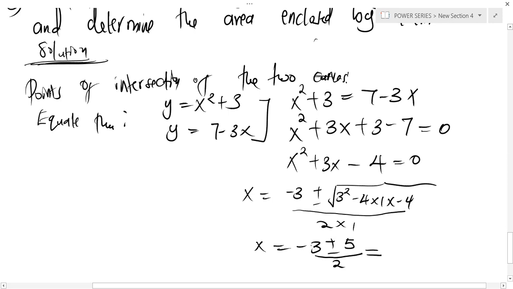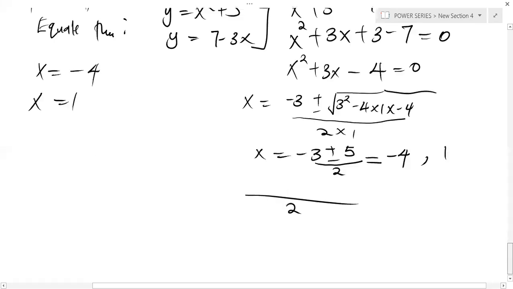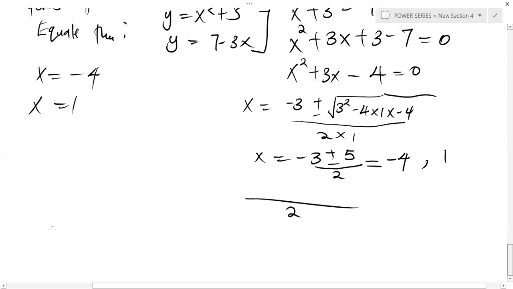So x is equal to minus 3 minus 5 will give us minus 8 divided by 2, minus 4. Or x is equal to minus 3 plus 5, that will give us 2 divided by 2, that will give us 1. So the points of intersection are at x is equal to minus 4 and x is equal to 1.